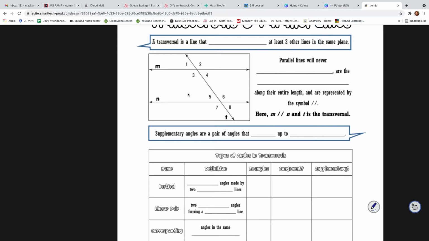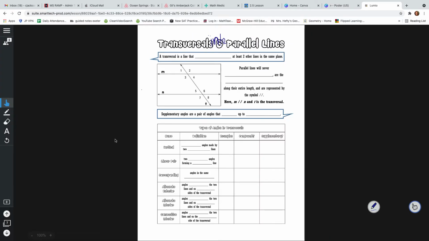We're still recording? Yes. Good. Oh, we are writing, it's just in the wrong spot. A transversal is a line that intersects at least two other lines in the same plane.